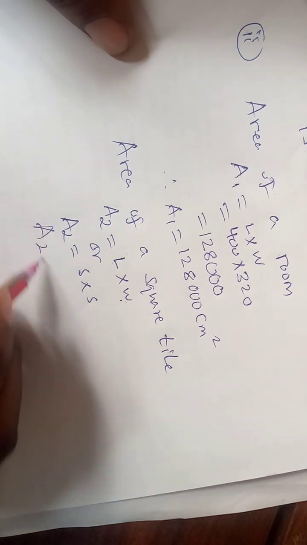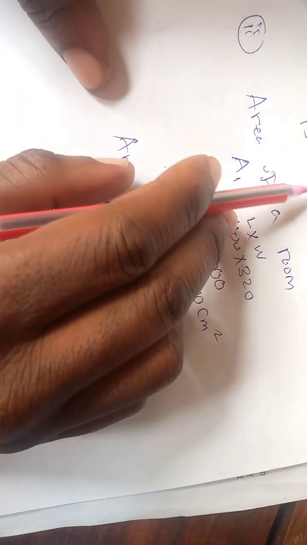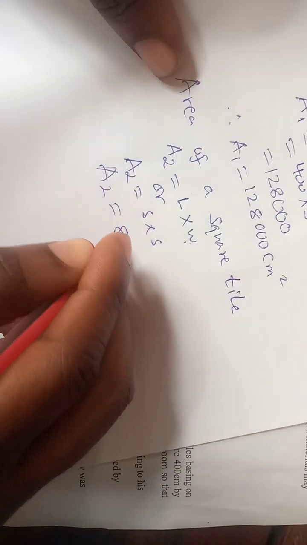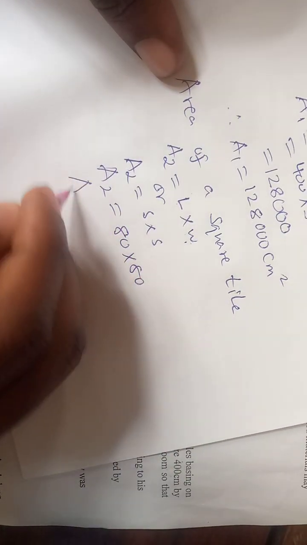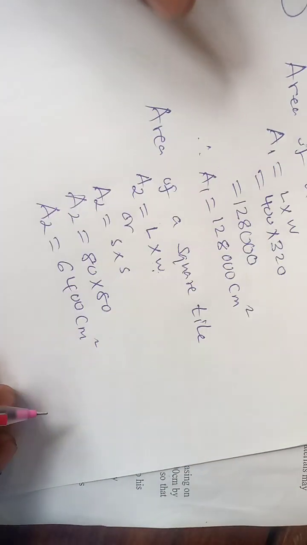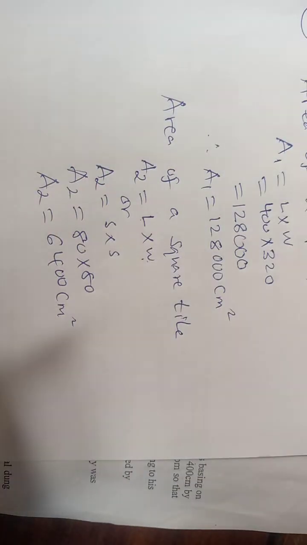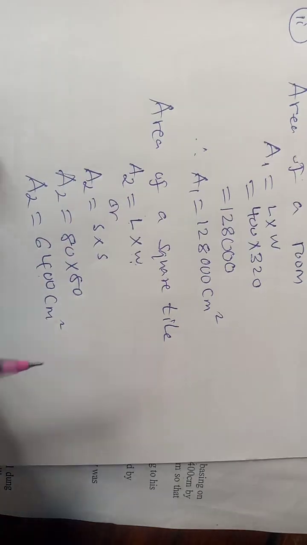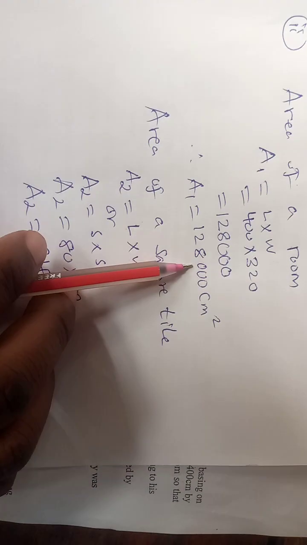It's okay. How can we get area 2? We take the dimension of a square tile, which is 80. So you take 80 times 80. After multiplication, you get 6400 centimeters squared. Okay, now here we have the area of 1 square tile, and also we have the area of a room.